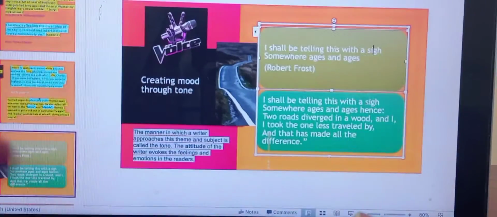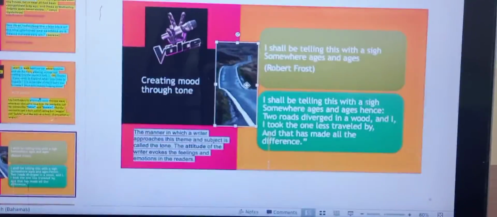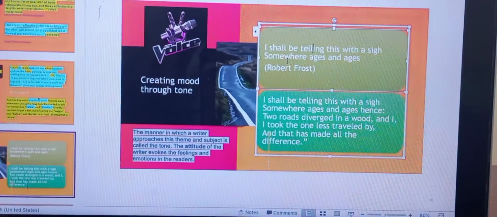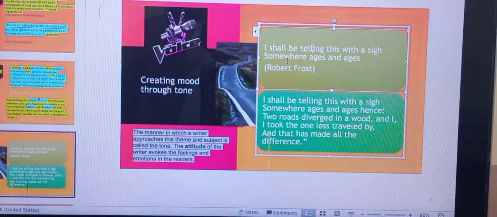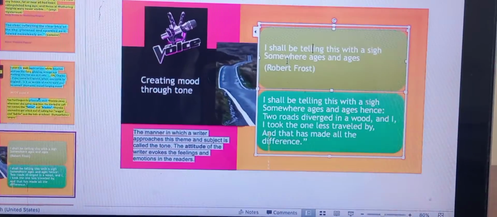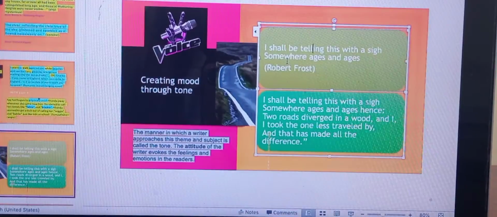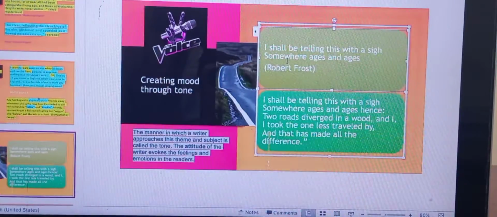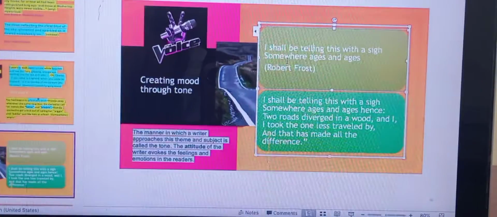So his attitude toward taking a specific road, he seems to really feel that it is important that you take the right road. It sounds very frustrating or anxious.